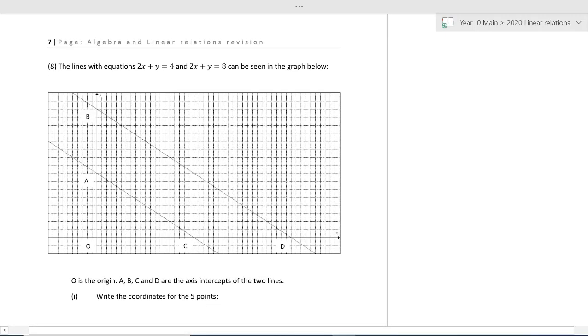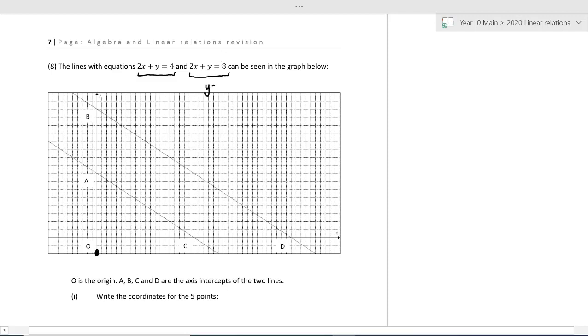All right, now let's have a look at page 7. We've got a few lines, and this here is the origin. It says we've got two equations. These two equations are not in y equals mx plus c form, but they could quite easily become that form if I subtract 2x from both sides.